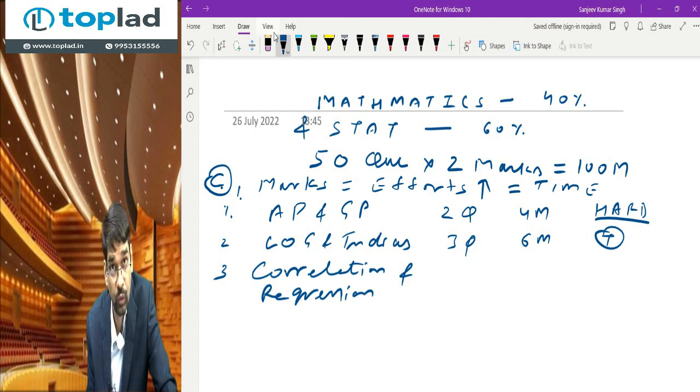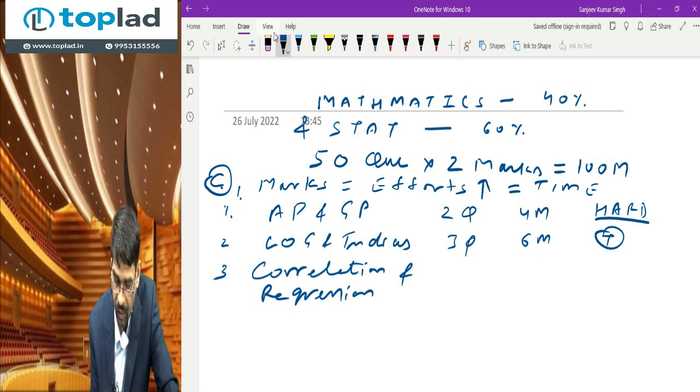Any guess how many questions were asked from this chapter? Any students guess?